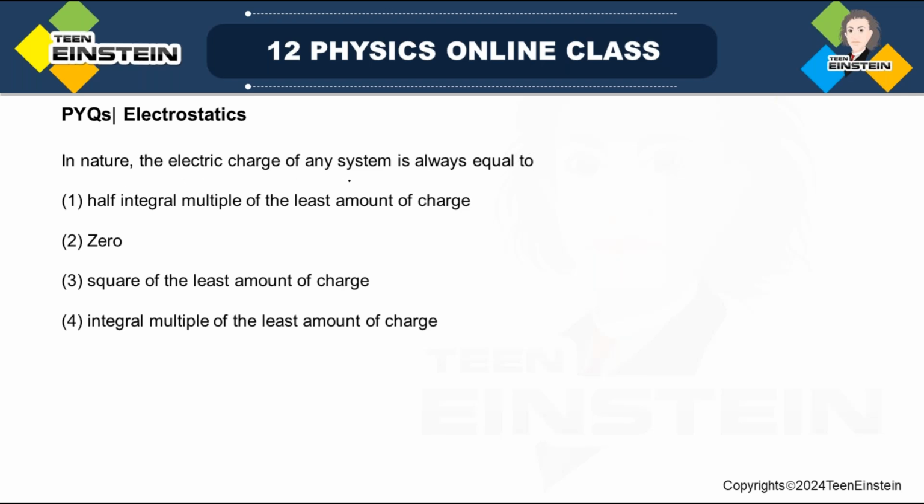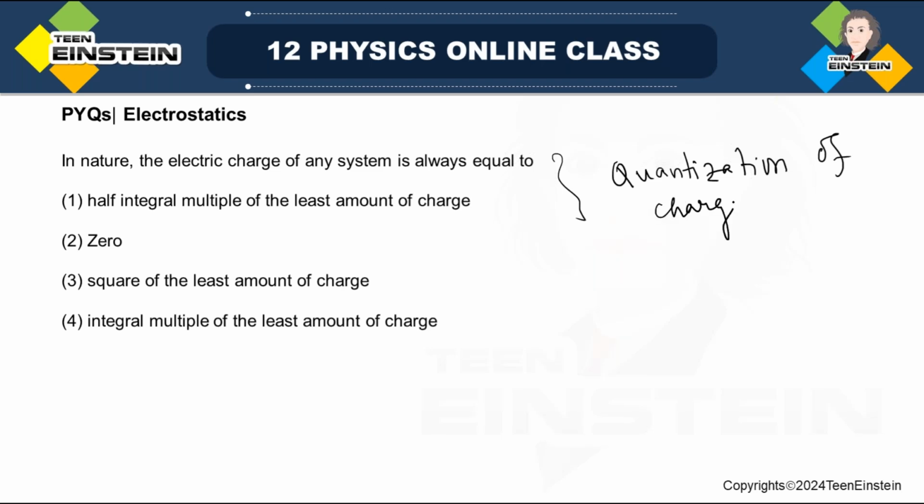So in nature, electric charge of any system is always equal to an integral multiple of the least amount of charge. So this is actually saying the fact of quantization of charge that I had discussed in the previous slide.